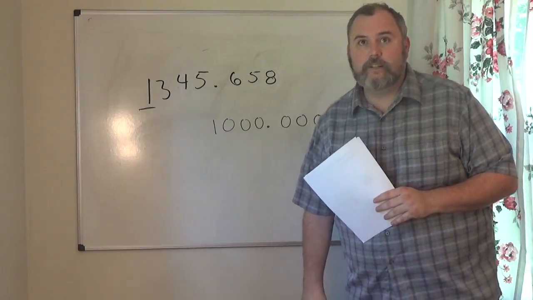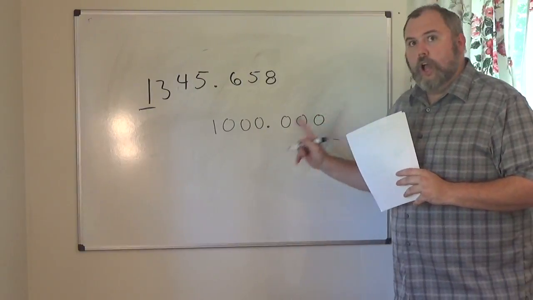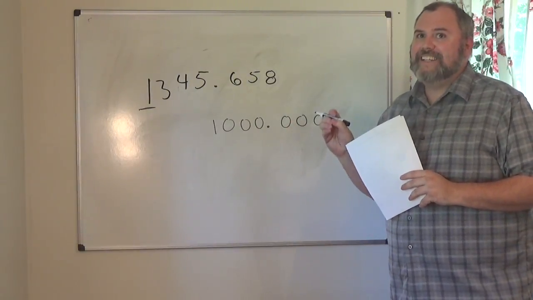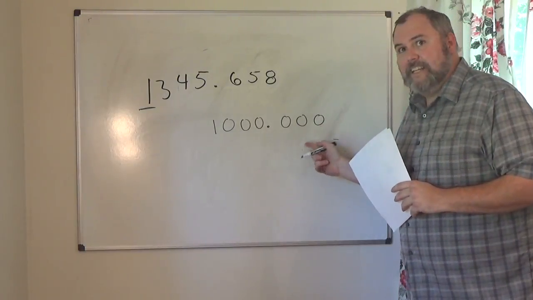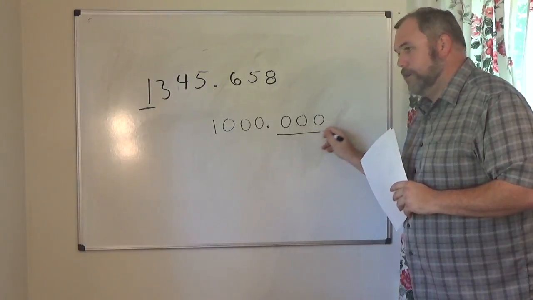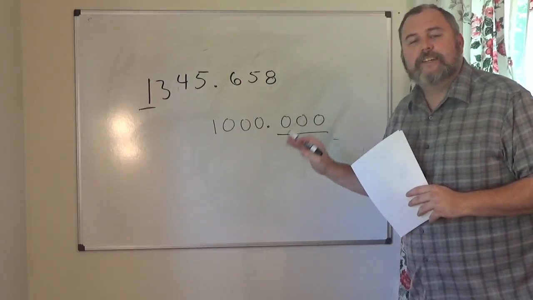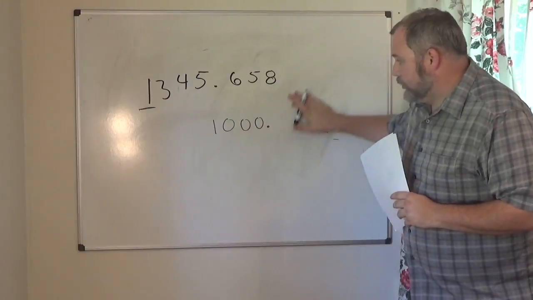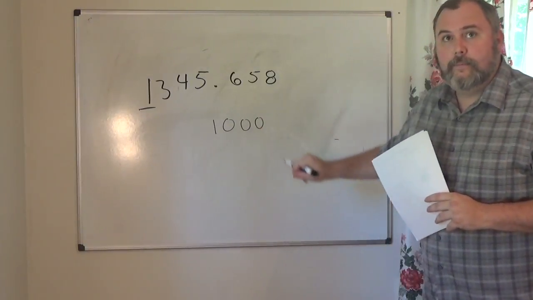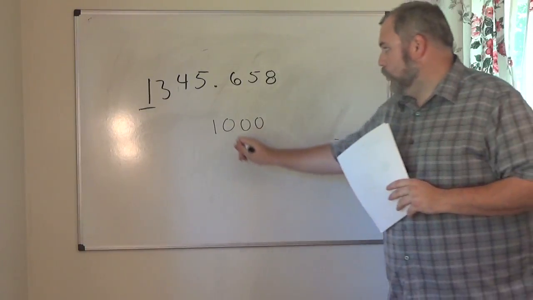Now I have a lot of zeros here, okay? But the rule says trailing zeros at the end of a decimal, all right? Well, my decimals are here. So only the zeros that are in the decimal at the end get dropped. So this number was rounded to just 1,000.